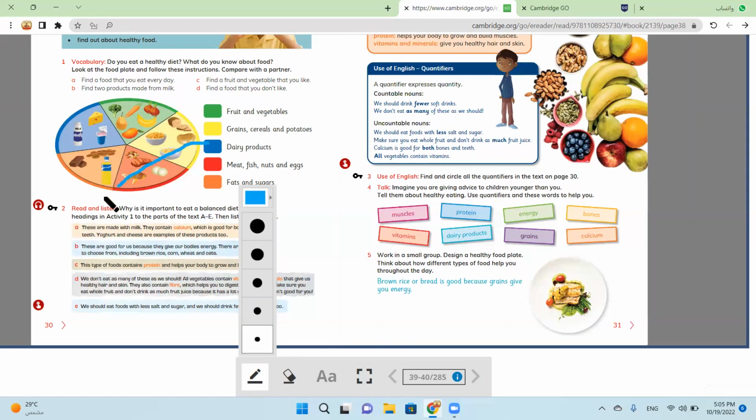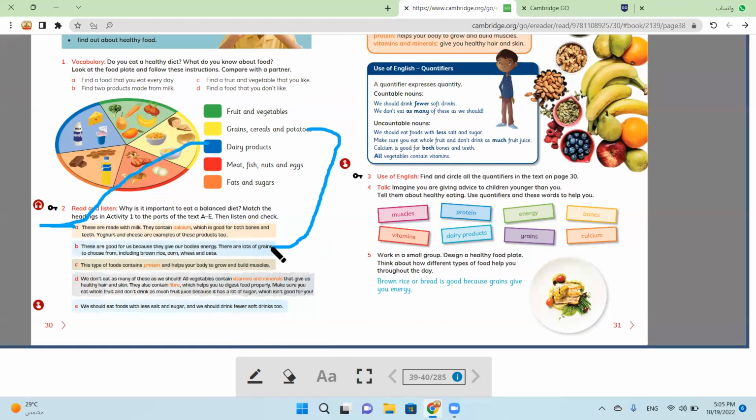Okay, this is related to A. B, these are good for us because they give our bodies energy. There are lots of grains to choose from: brown rice, corn, wheat, and oats. It's the yellow one: grains, cereals, potatoes.